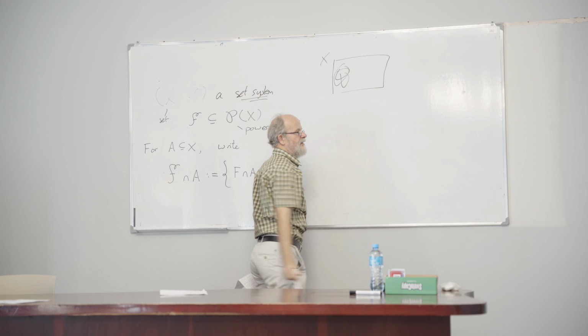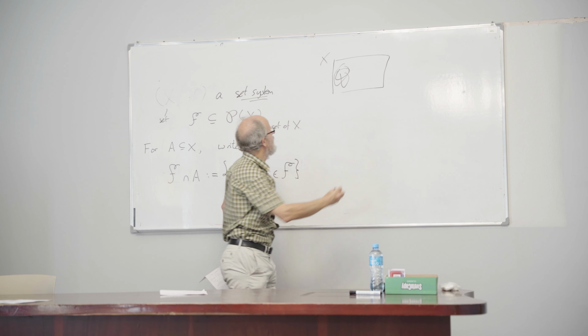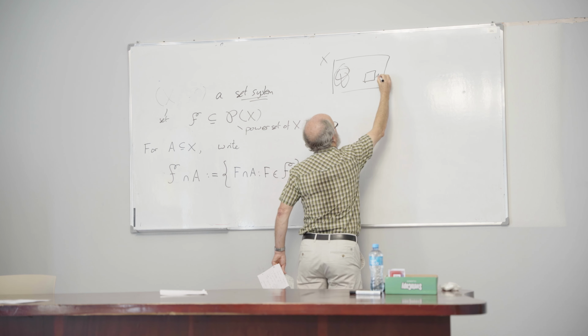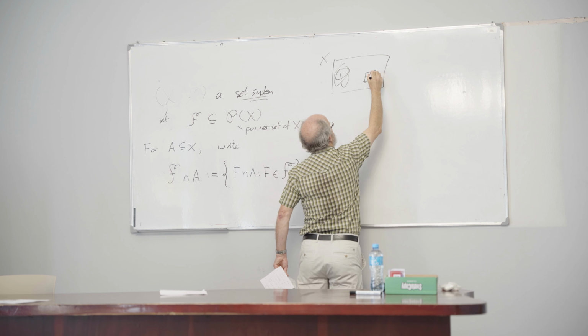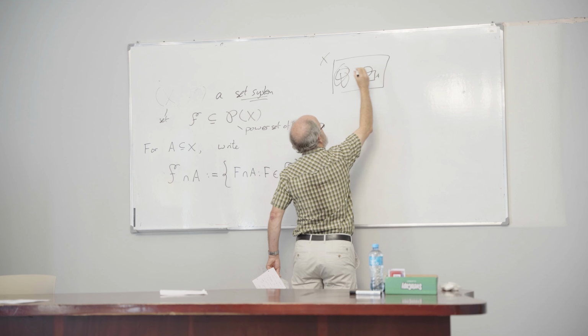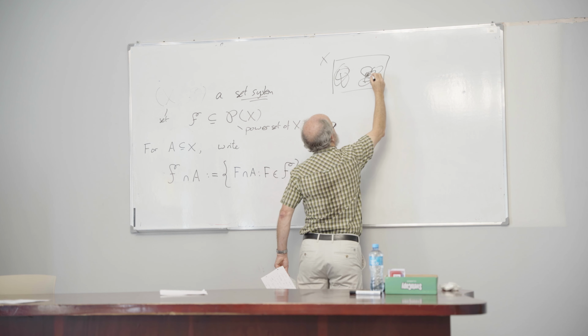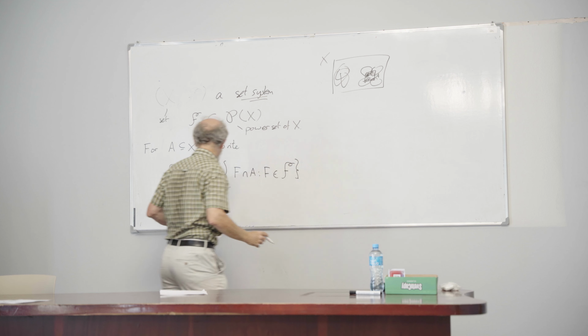These are my sets in curly F. And somewhere I've got A, and we're looking at all the various intersections of sets in F with A. So it's things like that, that, that, and that. That's the picture.